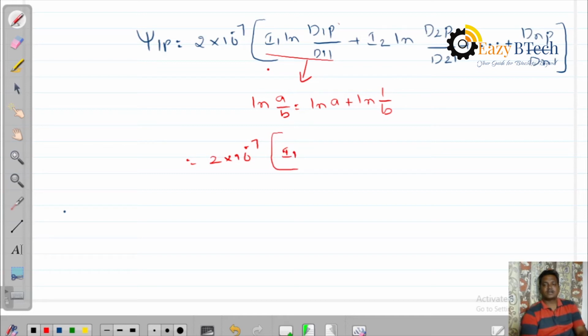Assume that it is A, it is 1 by B. First we have to write the 1 by B terms, the second terms. The second term is I1 ln 1 by d11 plus, next we can write the first term.